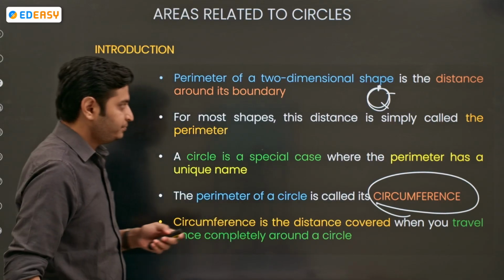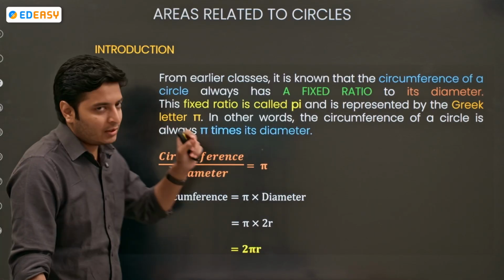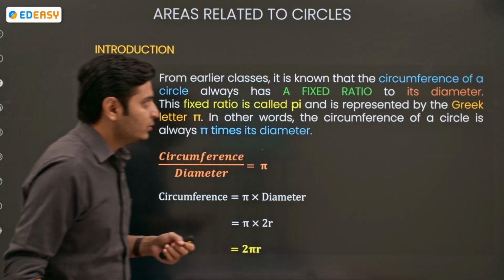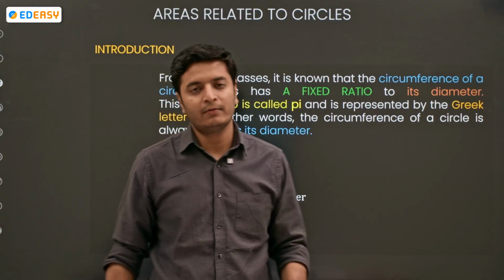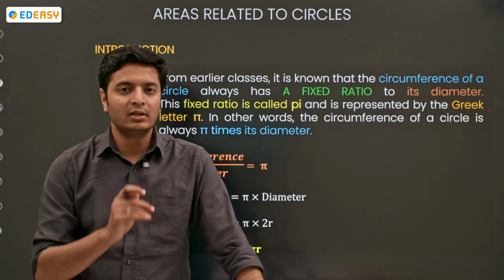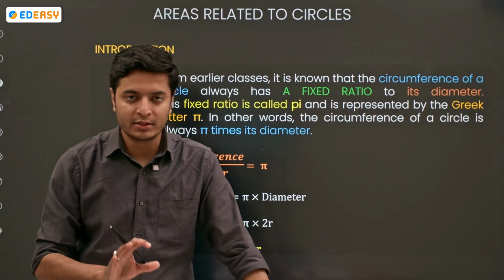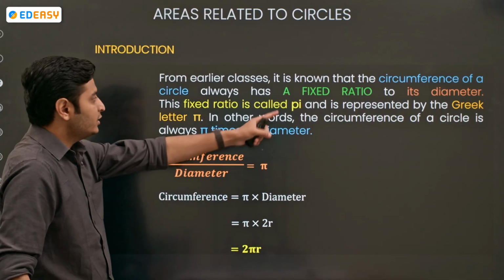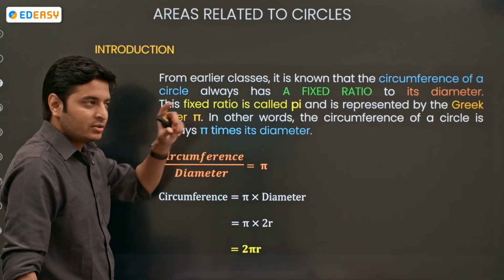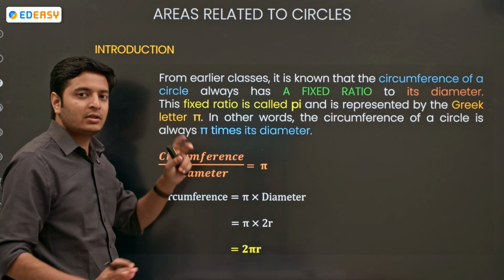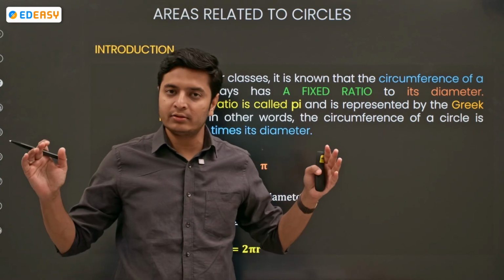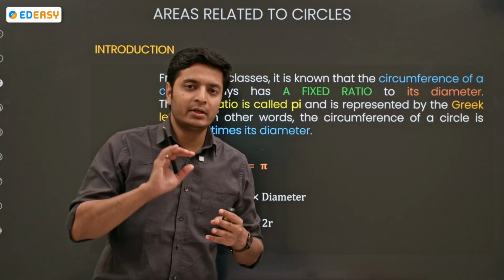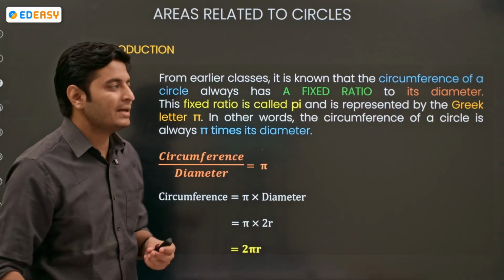Now, from earlier classes, it is known that the circumference of a circle always has a fixed ratio. Fixed ratio with what? To the diameter. So the circumference and the diameter of a circle will always have a fixed ratio. You can increase the size of the circle, you can decrease the size of the circle, but this ratio will always remain the same.